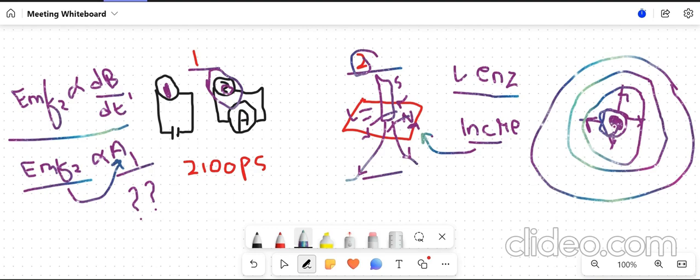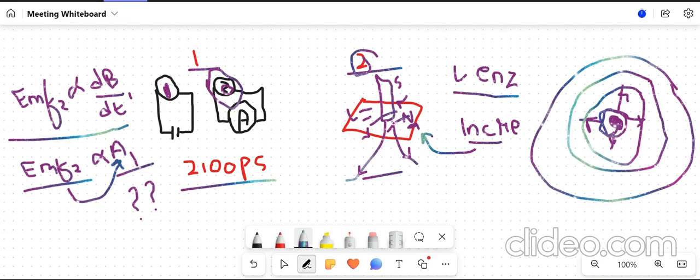The change is essentially happening from the confined part, the diverged part. So that is why loop 1 is very essential. All right, so we have two cases: two loops condition and one loop condition.